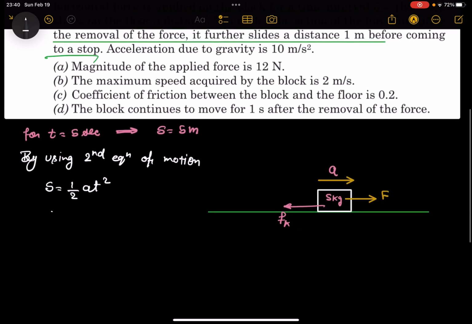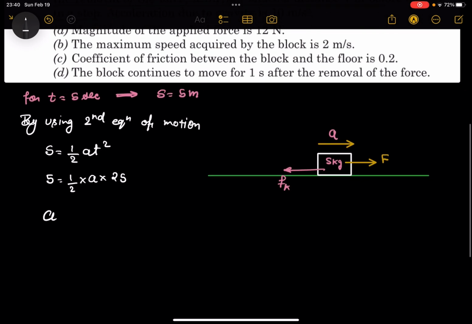So S is 5, half, a is unknown, but t square is 25, meaning 5 squared becomes 25. So now you can say that the acceleration comes to 0.4 meter per second square.